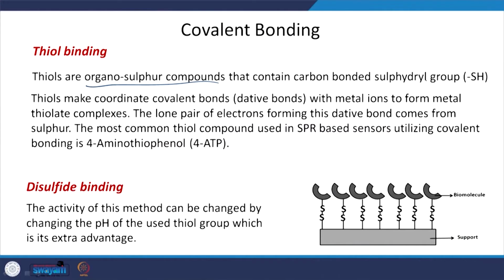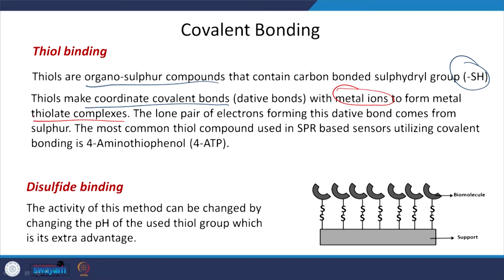That is the reason that there are certain limitations. There are various kinds of covalent bonding, say thiol bonding I told you. Thiol is basically an organosulfur compound which contains carbon bonded to sulfur SH groups, and this makes a very good bond, that is basically a coordinate covalent bond, a very strong bonding with metal ions to form a metal thiolate complex.